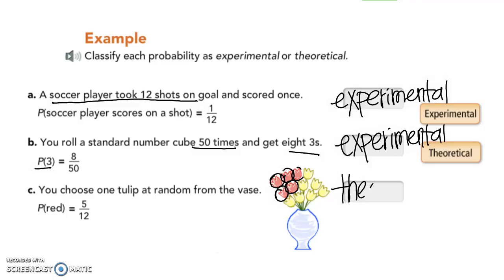Because we don't actually have data of, I picked the tulip 20 times, and of the 20 times I got a red tulip 5 times. This is just basing it on what do we see right here. What are the number of total possible outcomes? 12. How many of those are red? 5. 5 out of 12 would be the theoretical probability.